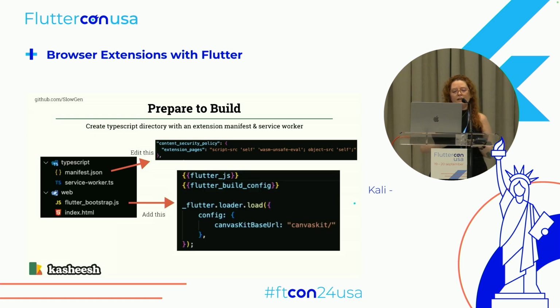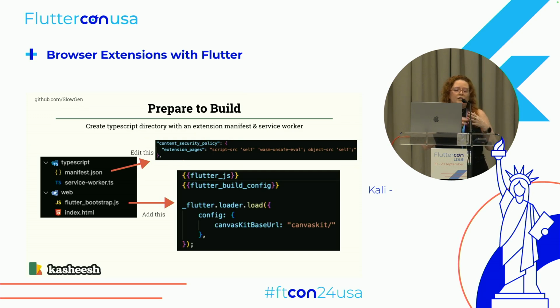Moving on. So our Flutter bootstrap that we removed from our index HTML has now moved into this Flutter bootstrap JS. Most of it's pretty standard. We just have added in this loader. And what this loader does is ensure that the local copy of CanvasKit that is built during the build phase gets used.